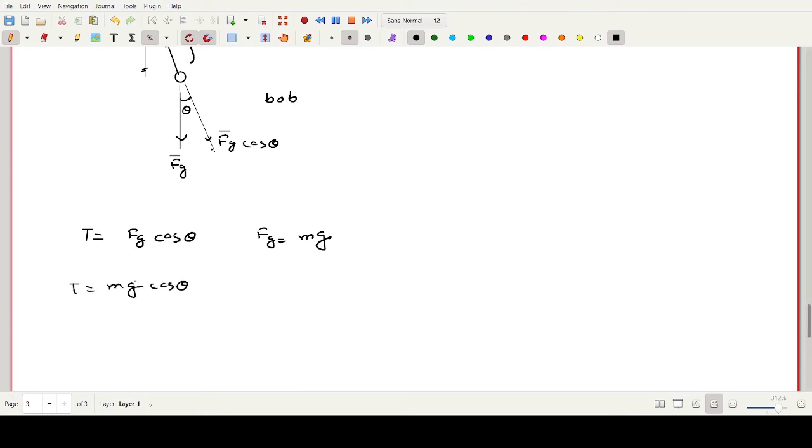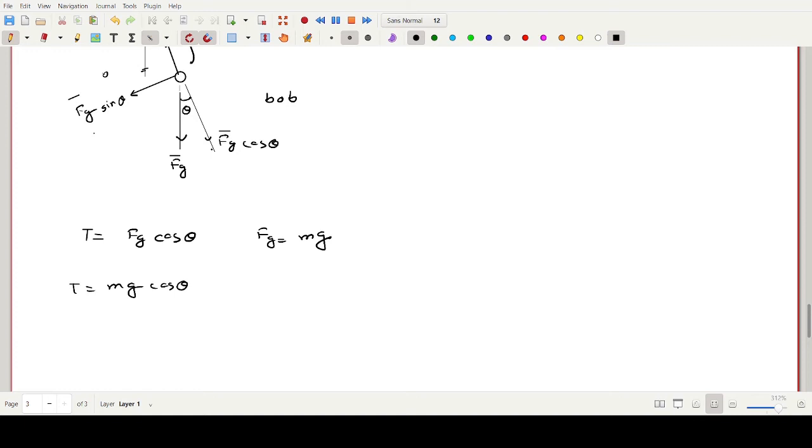Now the sine component of the gravitational force, Fg sine theta, what is its role? Due to this force, the bob comes to its equilibrium position and then goes to the left, and then again at this point the sine component acts towards the equilibrium position. So due to this force, the bob starts to oscillate.